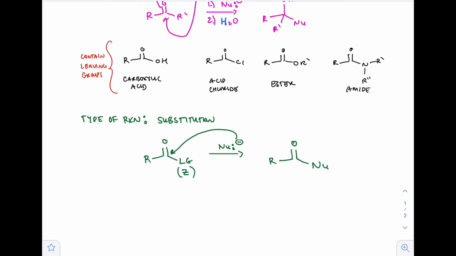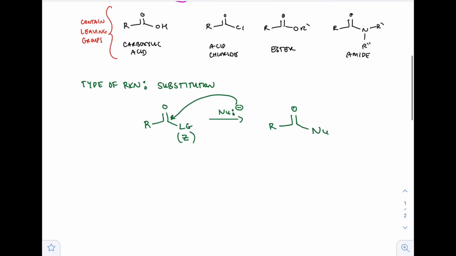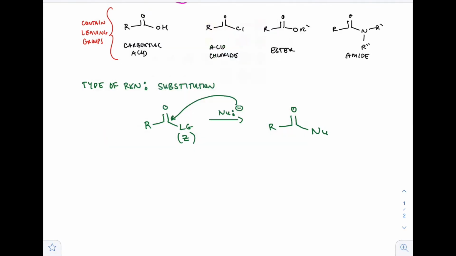The nucleophile attacks and then the leaving group leaves, and you end up with a substitution. We'll get into more detail in another video for that one, but what we want to focus on for this one is the addition of a nucleophile to a carbonyl group.